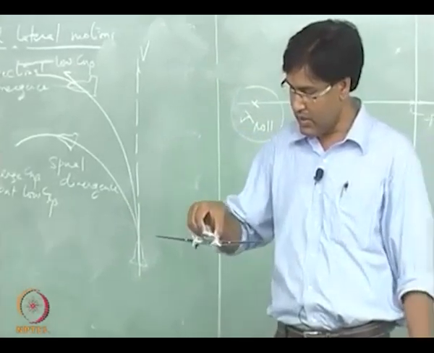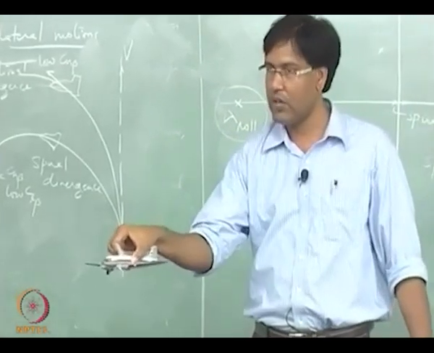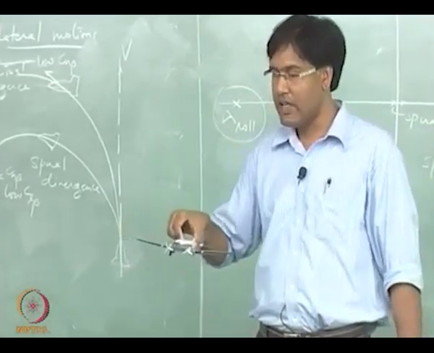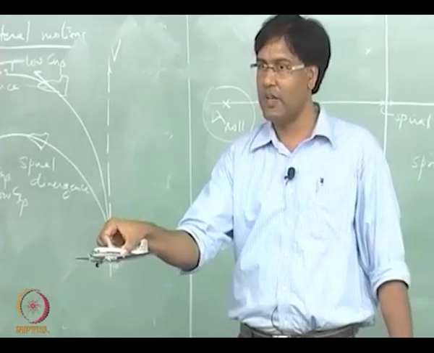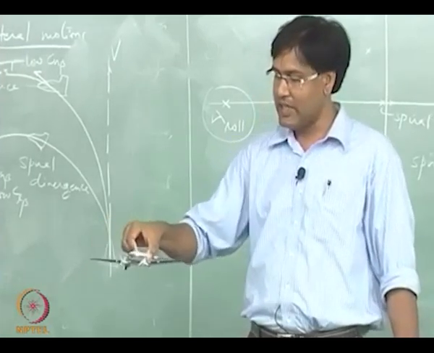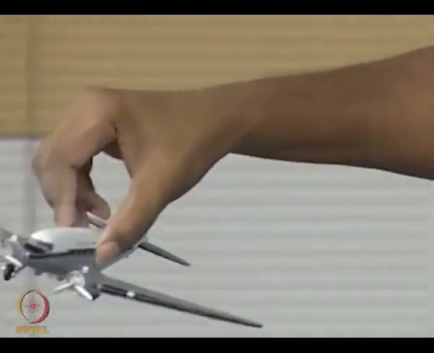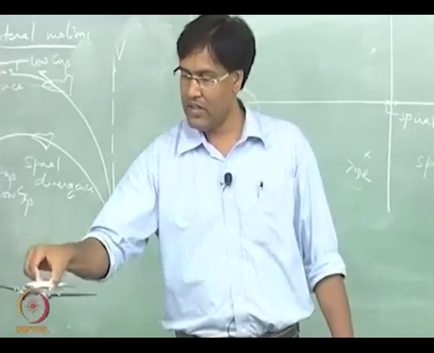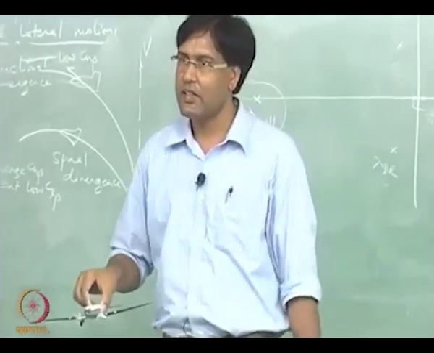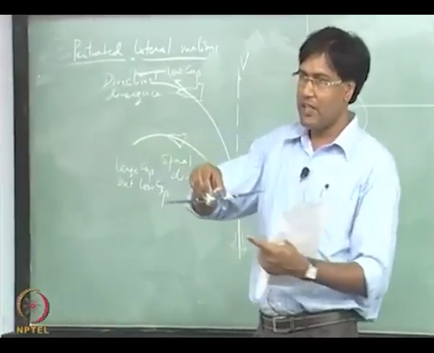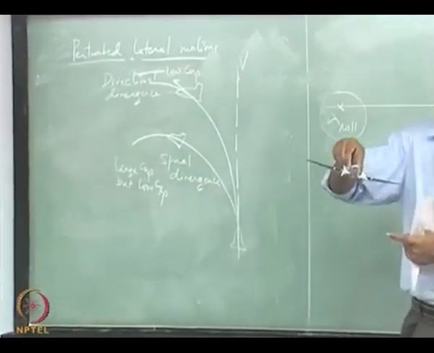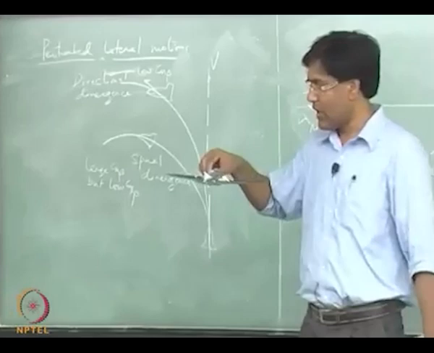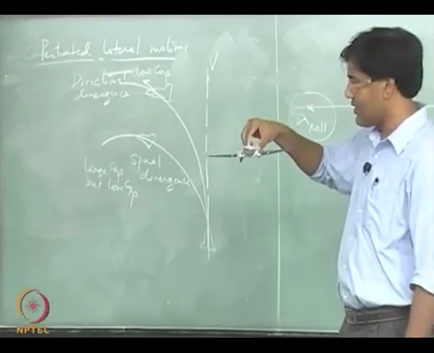So it will do this in one direction, in the other direction it does this, and goes like this. Something like this, right. Because of that motion it appears that it is rolling. Look at this, if I can put it correctly.